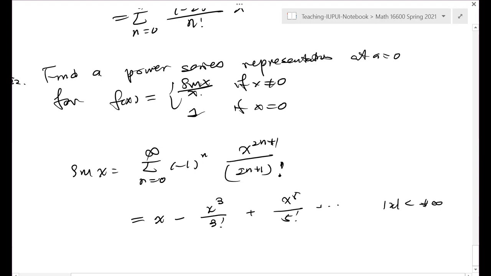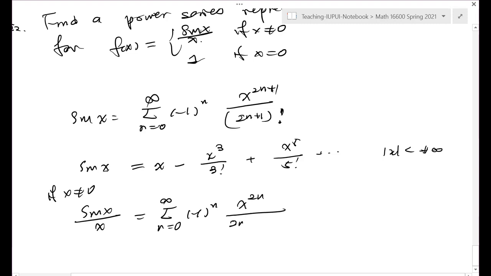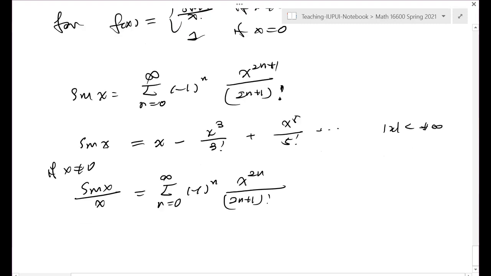All right, so this is sine x. I think clearly, if x is not 0, right? Sine x over x, you can divide every term by x, so you get x to the 2n over 2n plus 1 factorial, so you get an even function. So this is a series, right? And when x equals 0, this still holds, okay?